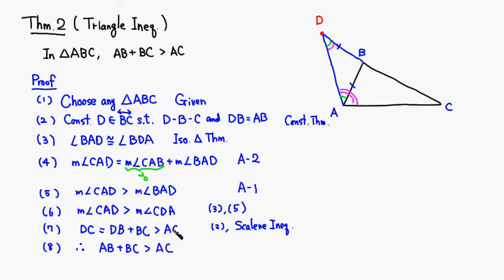So I'm combining line 2 and line 7 to make this conclusion. So this is the proof of the triangle inequality, and this could be any two sides. So the sum of the measures of any two sides is always strictly larger than the measure of the third side. All right, that's it. I hope that this was clear.